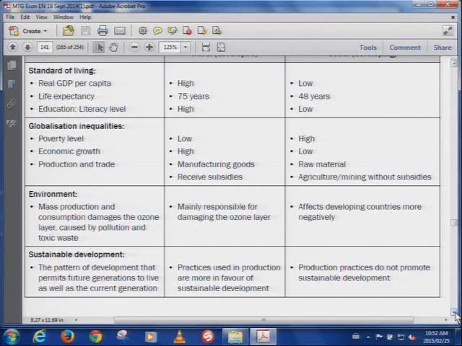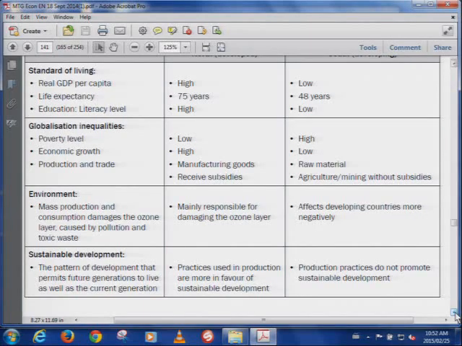The north, they focus on extraction of raw materials. And the north also receive subsidies on their agricultural activity. The farmers there receive huge subsidies. But in the south, the agriculture and mining are without subsidies.